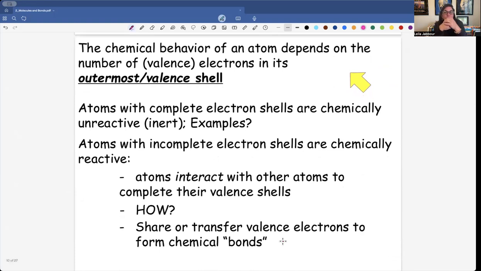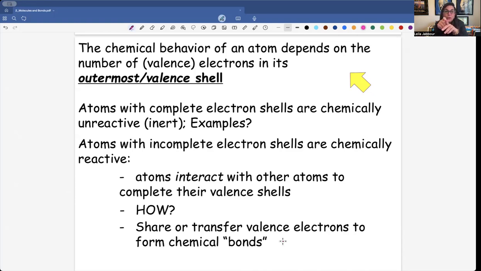So again, this is just a reminder, the chemical behavior of an atom depends on the number of electrons in its outermost valence shell. This is a very important concept. Atoms with complete electron shells are chemically unreactive. And by the way, this is asking you for examples.